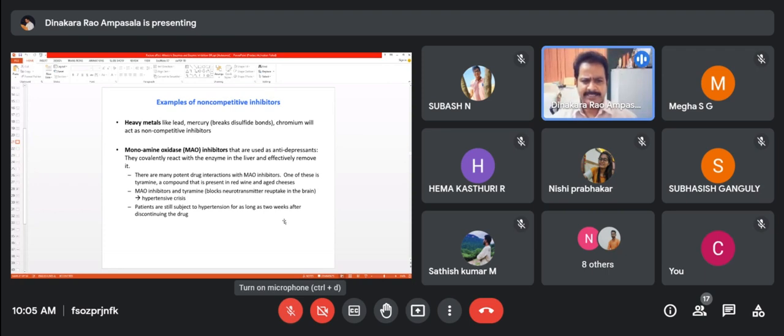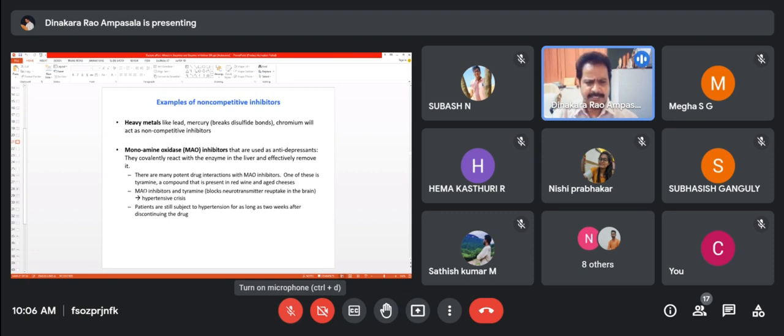And monoamine oxidase inhibitors are used as antidepressants. They covalently react with the enzymes in the liver and effectively remove them. There are many potent drug interactions with monoamine oxidase inhibitors. One of these is tyramine, a compound present in red wine and aged cheese.